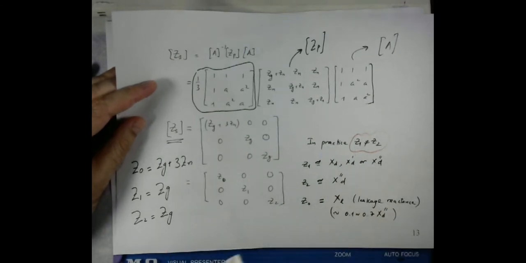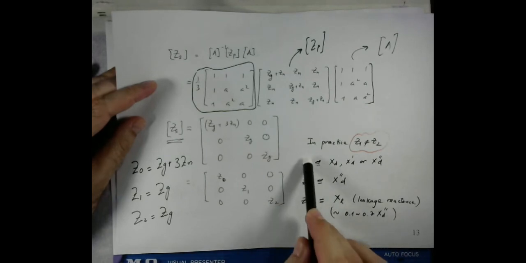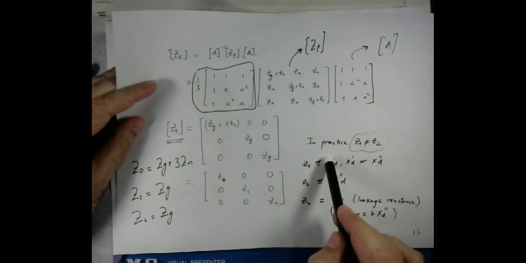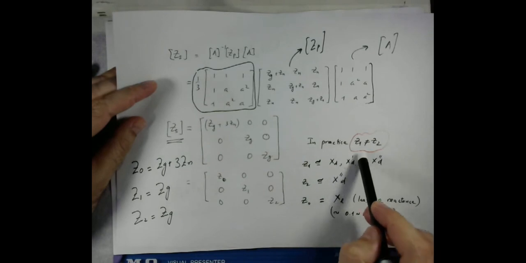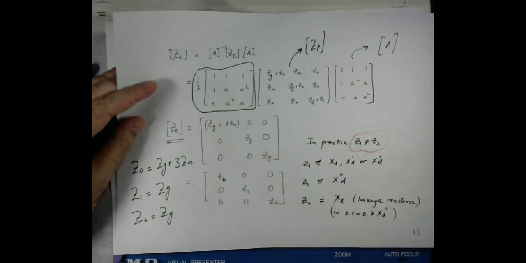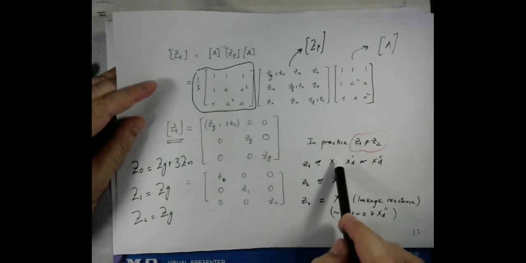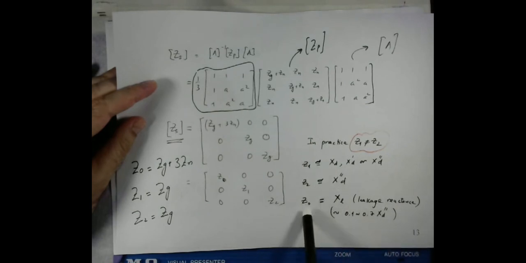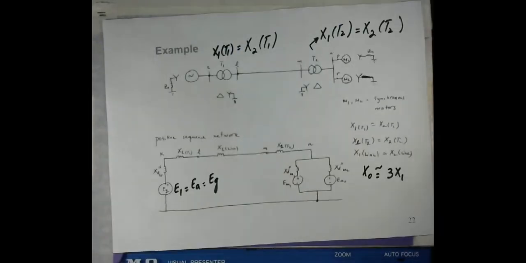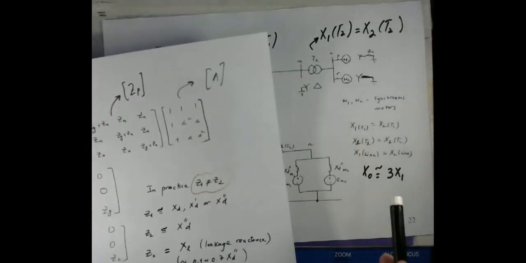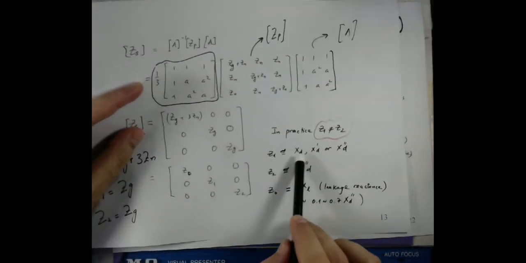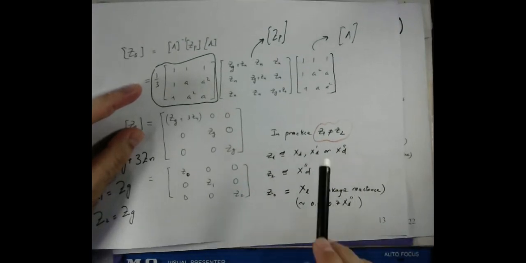In practice, Z1 is taken as either the steady state, transient or subtransient inductive reactance, Z2 is approximately taken as the subtransient inductive reactance, and Z0 is taken as the leakage reactance.